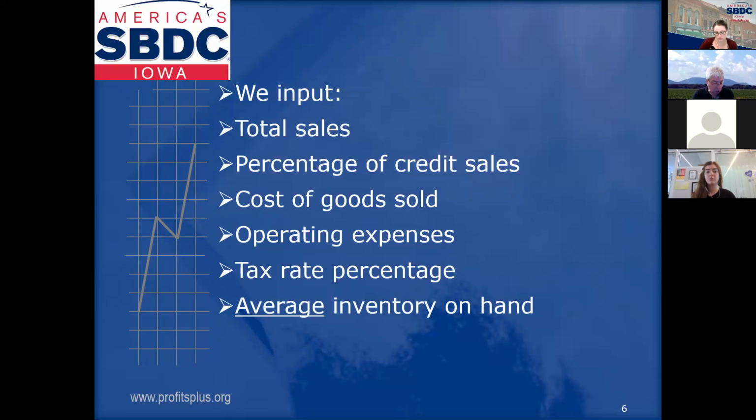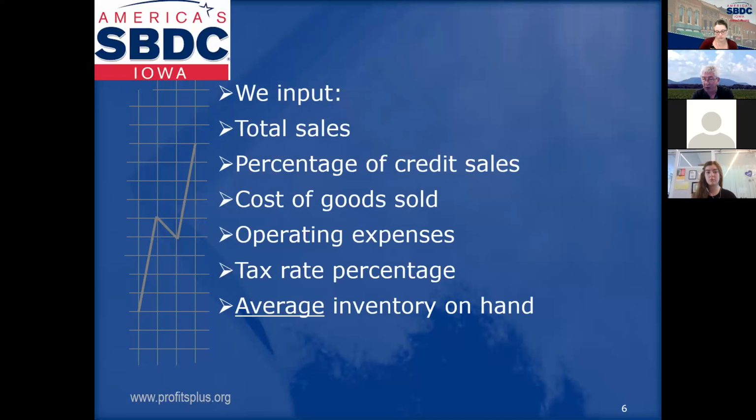I need to know your average inventory on hand. All right, now, I've underlined average. Let's look at how I need you to create this. If we're doing this for last year, 2020, I need the balance sheet for each and every one of the 12 months last year, January through December.